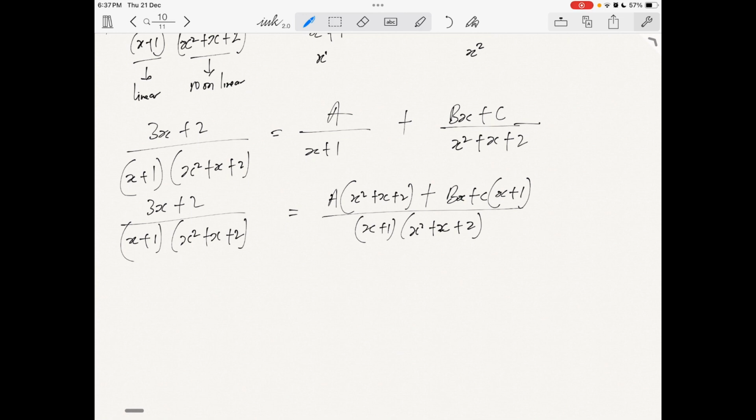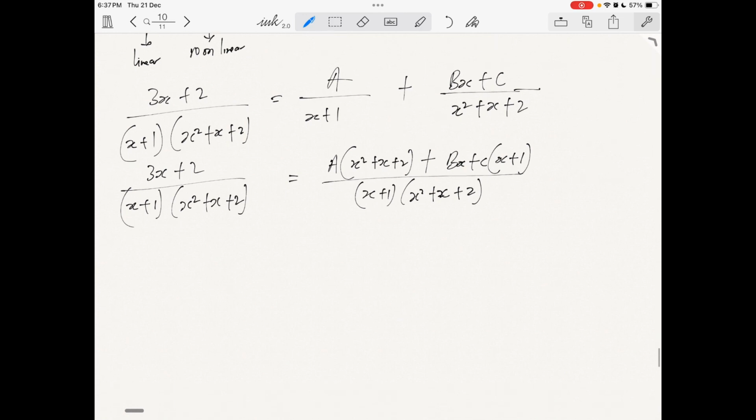Now we can see that the denominators of both sides are equal, so we can just cancel the denominator out. So we'll have 3x plus 2 is equal to a into x squared plus x plus 2 plus bx plus c into x plus 1.